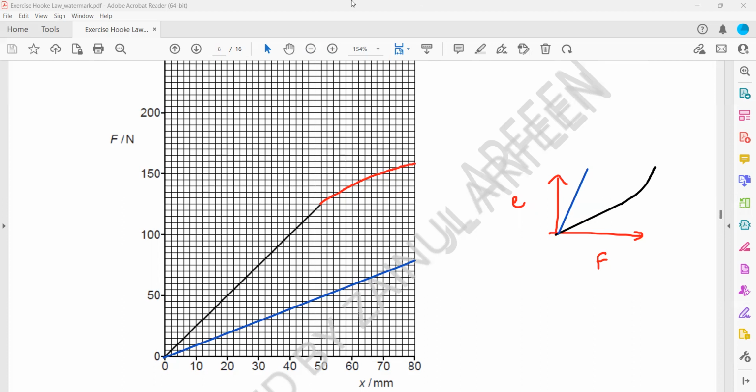So if extension is on the y-axis, the one which is steeper will have a smaller K, and the one which has a smaller slope will have a larger K. For a force and extension graph, with force on the y-axis and extension on the x-axis, the one which is steeper will have a larger K, and the one which has a smaller slope will have a smaller K. So it depends on which axis we are taking the force and extension.